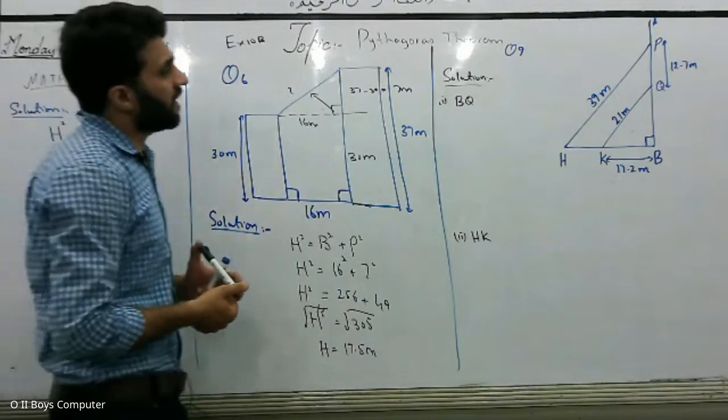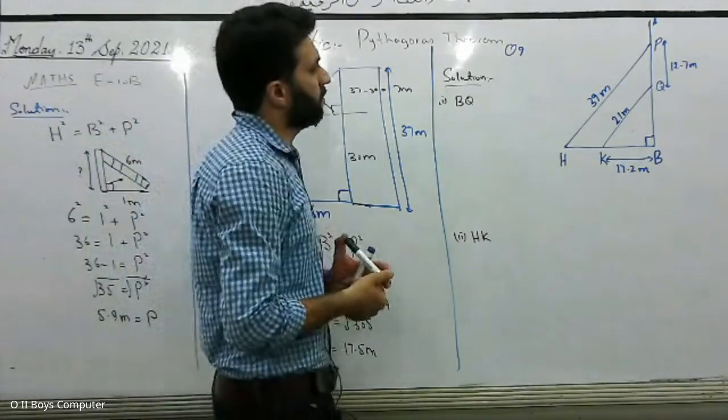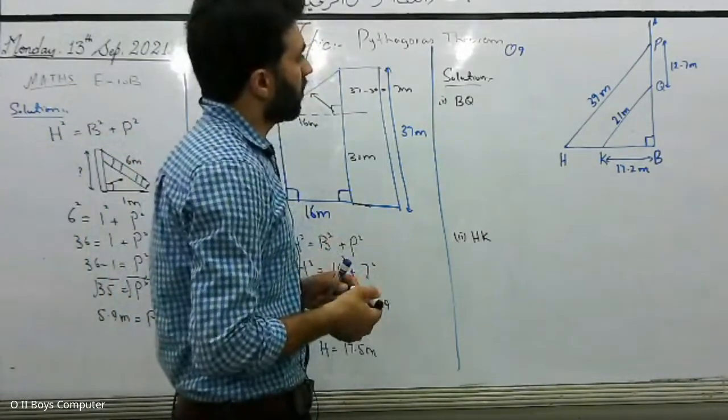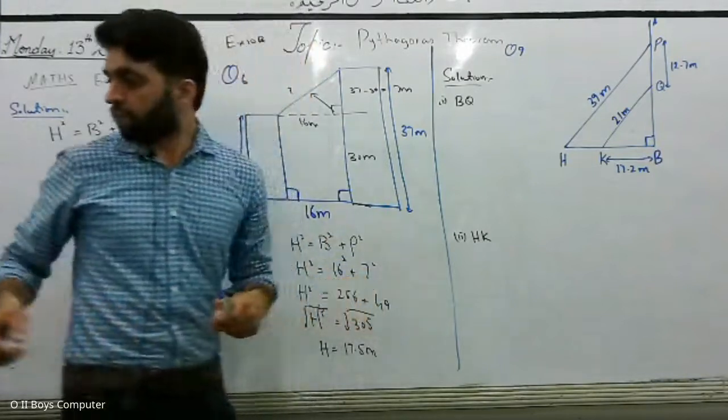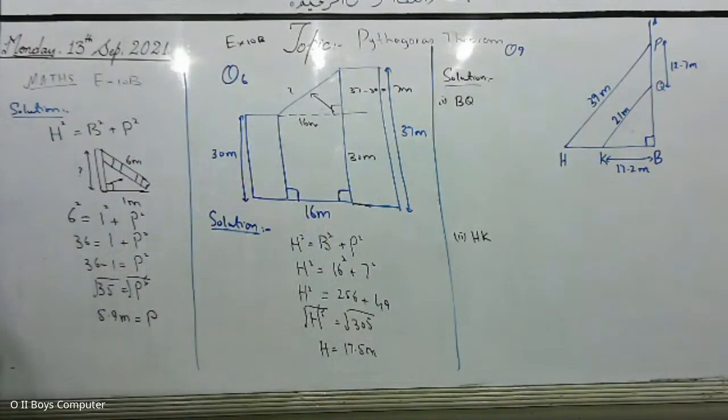The question number 9 I have chosen from the exercise 10B. Right? So this question is a bit complex, and I'm going to read this question from the book. Two spotlights P and Q are mounted on a vertical pole AB. Light beams from P and Q shine to 2 points on the ground H and K respectively.